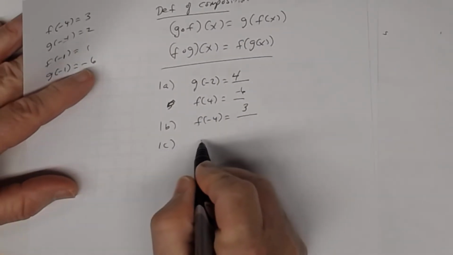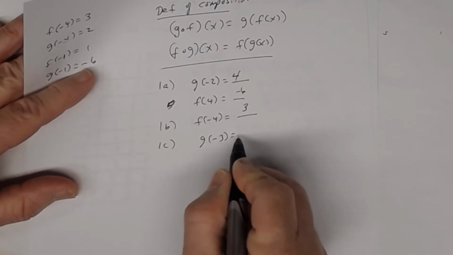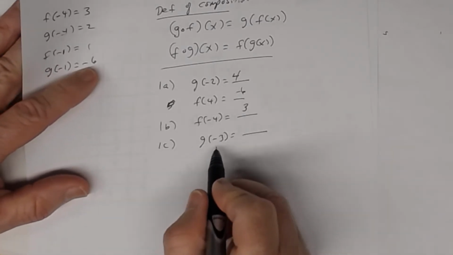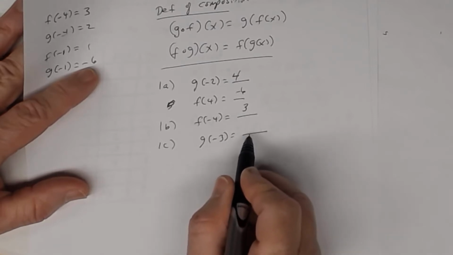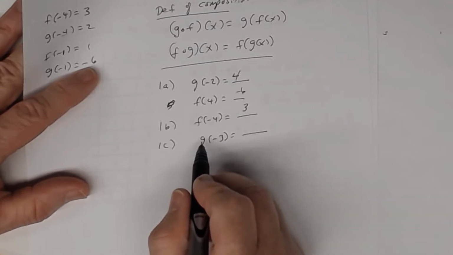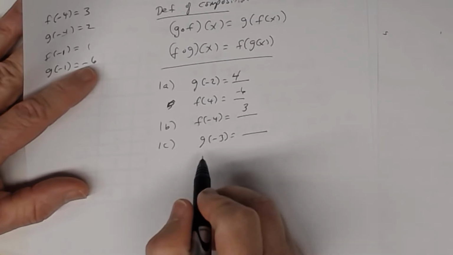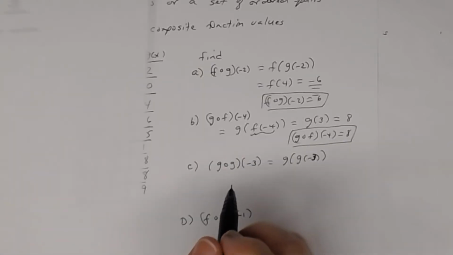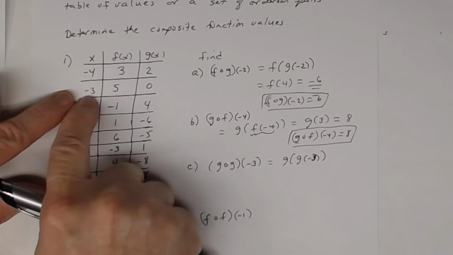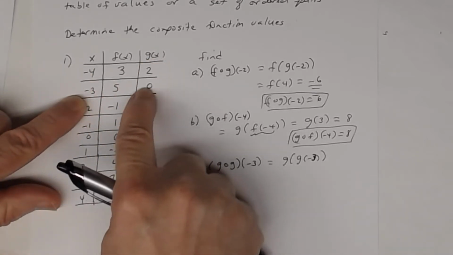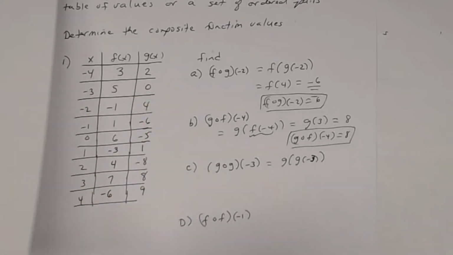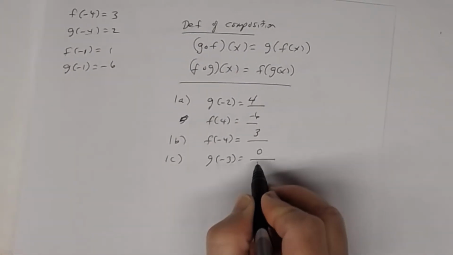That's 1c. g of negative 3 means when x is negative 3, what's my y value? Remember, you have to use the correct function. The correct function is g. So let's find negative 3. That's right here. When x is negative 3, g of negative 3 is 0.